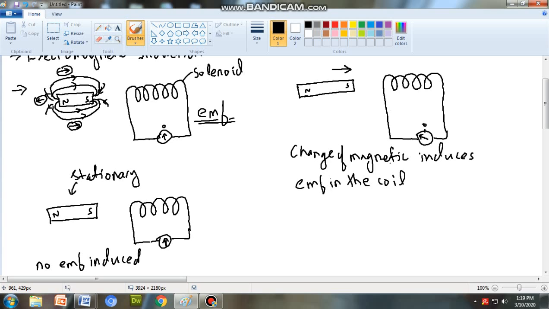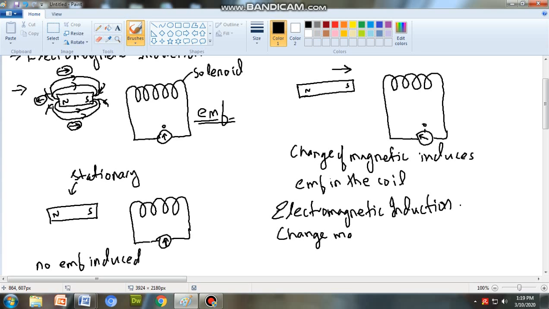So whenever there is a change of magnetic field, EMF is induced. This is what electromagnetic induction is. Change of magnetic flux linkage.